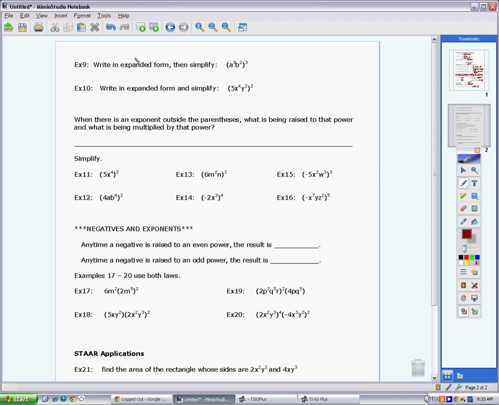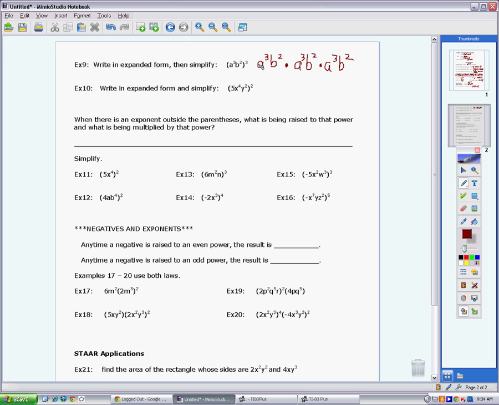Okay, number 9, write in expanded form. Okay, everything inside the parenthesis becomes the base. So that's going to be a to the 3rd b squared, there's 1, times a to the 3rd b squared, there's the 2nd power, and a to the 3rd b squared becomes the 3rd power.